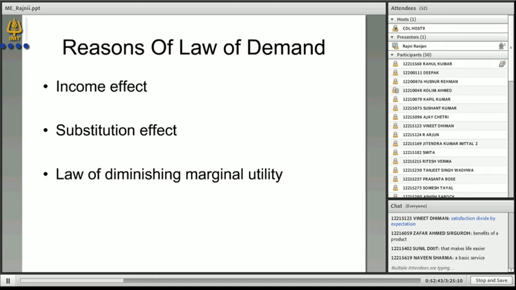Now when I say satisfaction as a variable or characteristic, is it qualitative or quantitative in nature?